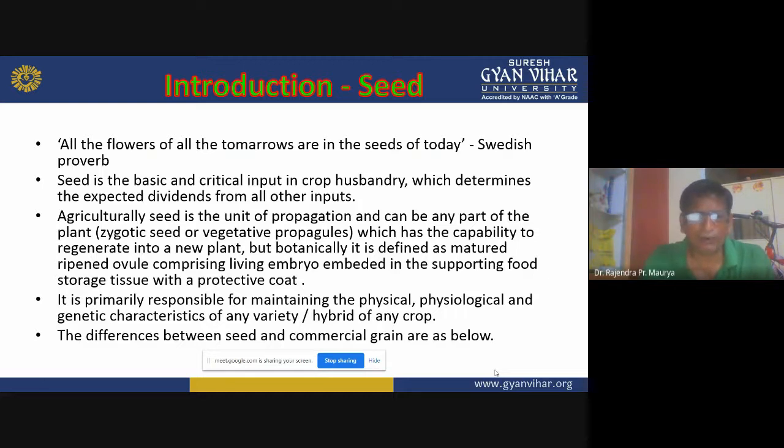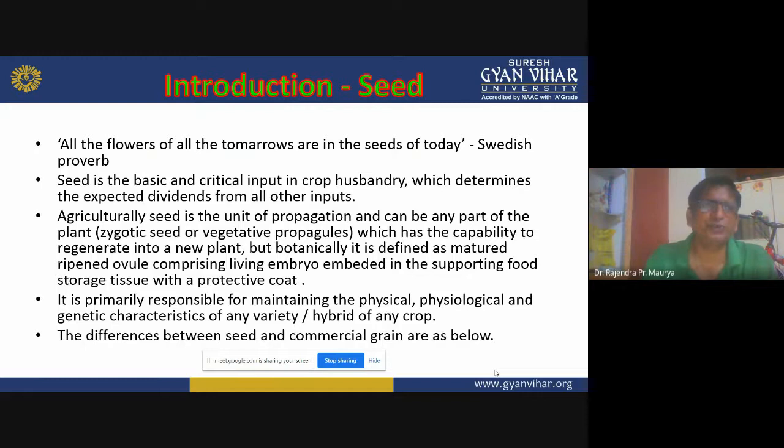So what is the important thing in that? A seed contains three important parts: one is the embryo, then endosperm, and seed coat. The ripened ovule comprises the living embryo and also the supporting food storage tissues, that is, the endosperm.